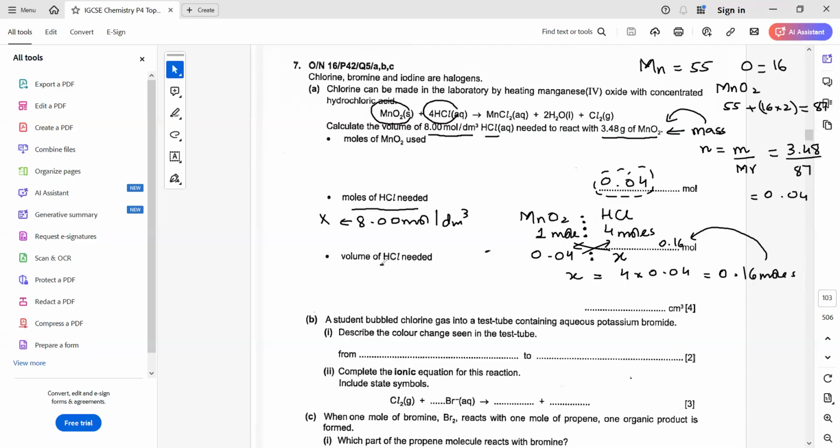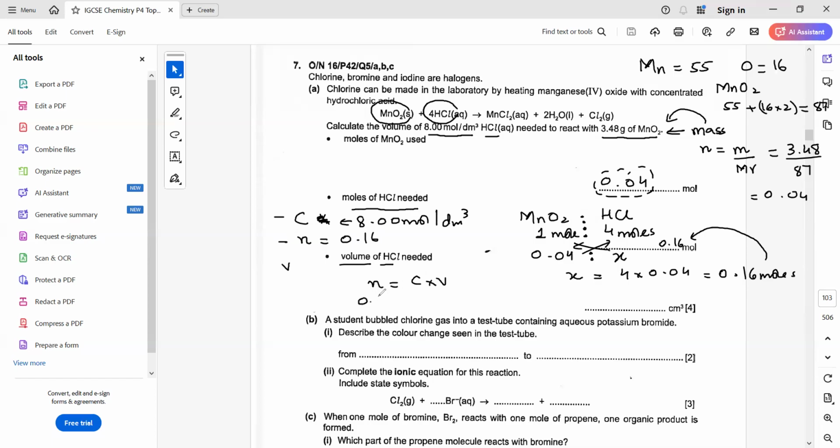Then we have moles of HCl. Oh, sorry, volume of HCl. Now I can use this information, which I kind of discarded previously. So I can use this as C, and I have n as well, right? And I just calculated 0.16. So is there any formula which relates C, n, and V? We just did that. That was n is equal to C times V, right?